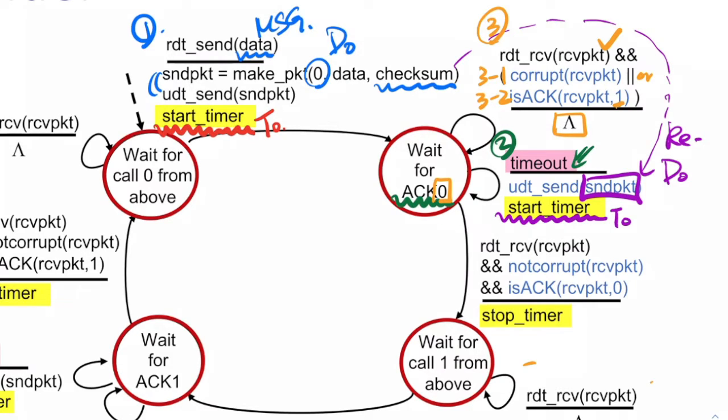But currently we have a timer. So in RDT 3.0, all the retransmission only depends on the timeout. Even if you receive a corrupt packet, or an ACK without the correct number, we simply do nothing as in step number 3, and we will wait until the timeout.